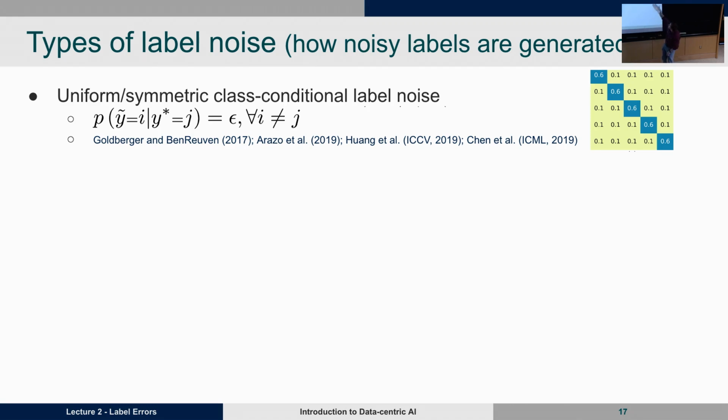The sum of all these things ends up being the probability of each class. That's why they sum to 1. So this is not a joint distribution. That's just a small detail. But these are the flipping rates. 0.1 is the probability for every single class that is flipped to every other class in this example. This type of distribution is looked at a lot in research papers, and it's totally impractical in the real world, so we're not going to look at that. But it was sort of the first 5 years of research in this. A lot of people focused on that.